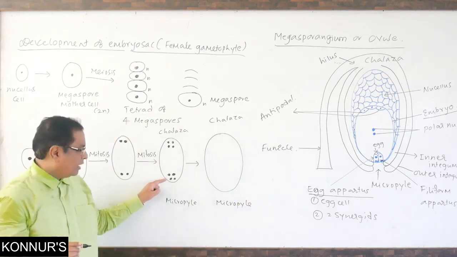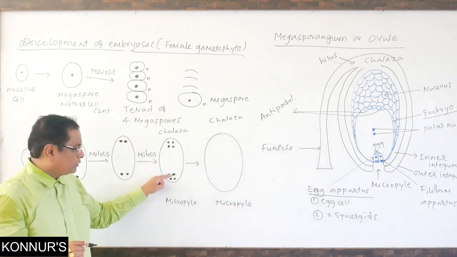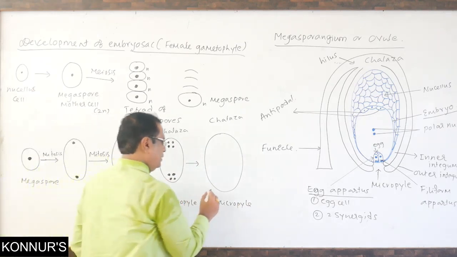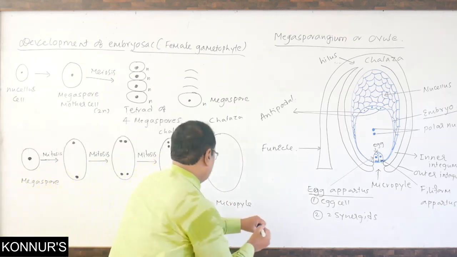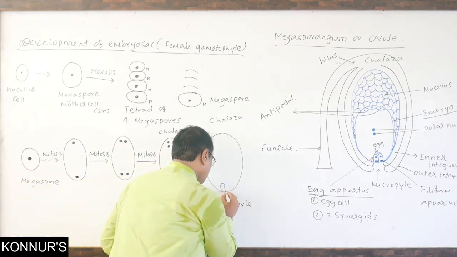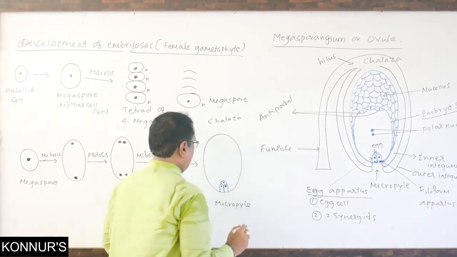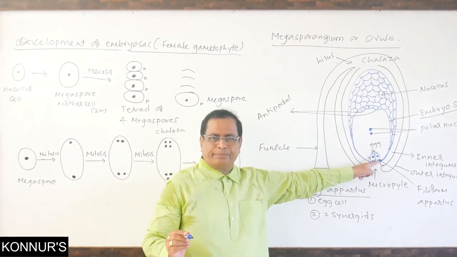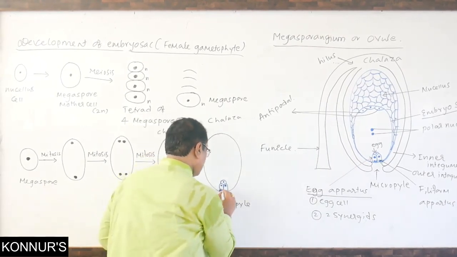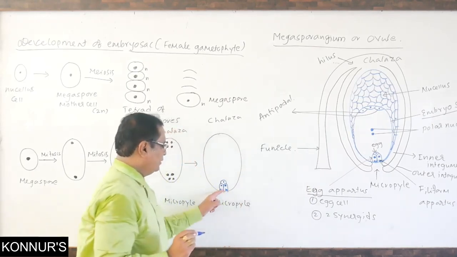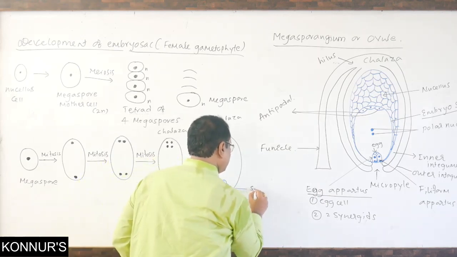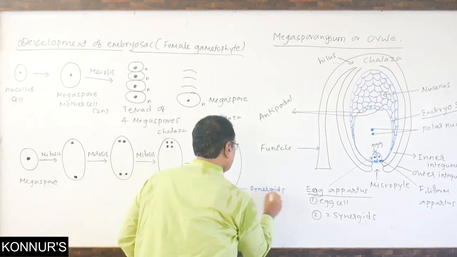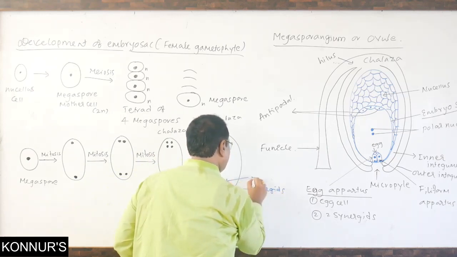Towards micropyle there are 4 nuclei. Around 3 nuclei, cell wall is formed, leading to the formation of egg apparatus. And that egg apparatus consists of 2 synergids and 1 egg cell.